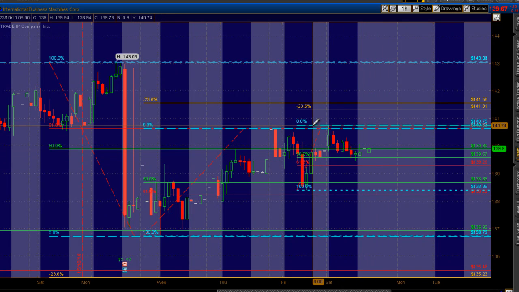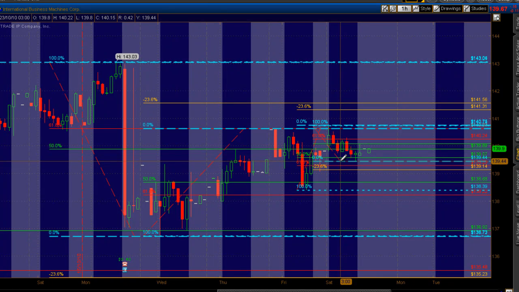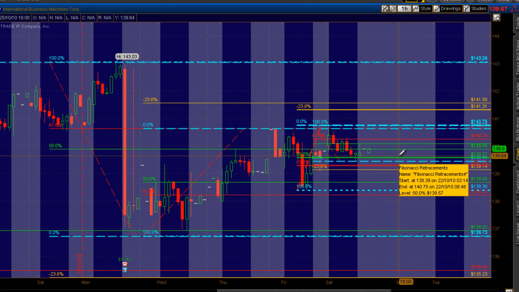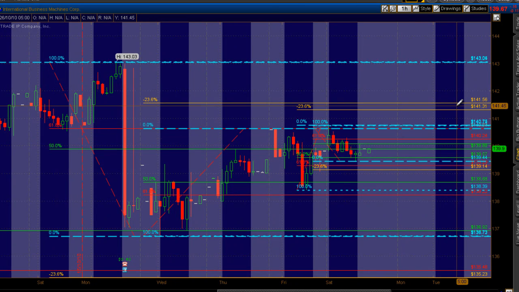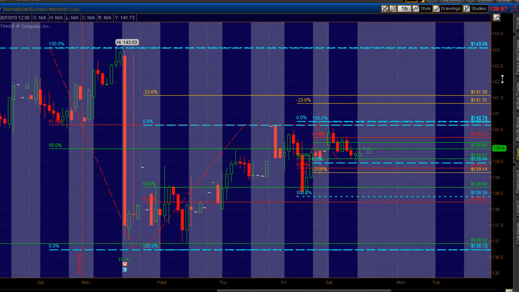Now, yes, there is also an opposing one that is sold there, so we're getting battle zone within battle zone. 618 within 618 is going to be resolved very quickly. You can see there's a triangle forming. So which stop to choose on the short term?